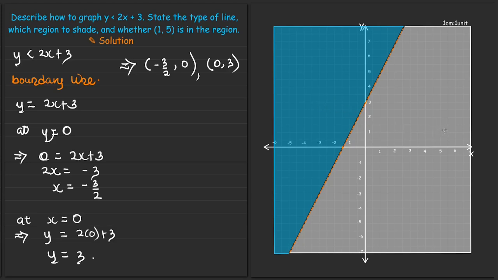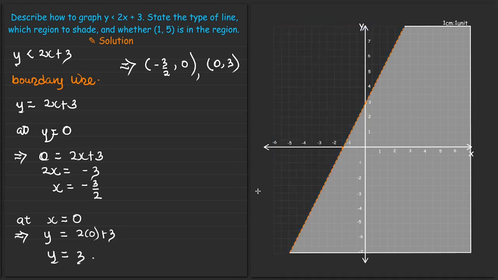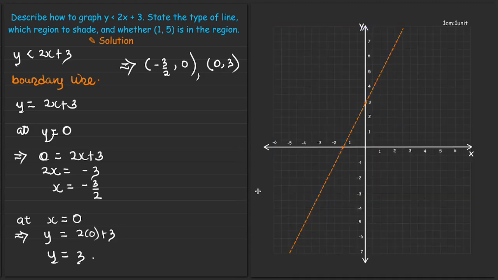This white region is the region below the line. This is our line over here, the colored straight line. And then there is the region above the line. We want to determine which region satisfies our inequality. Is it the one below or the one above?